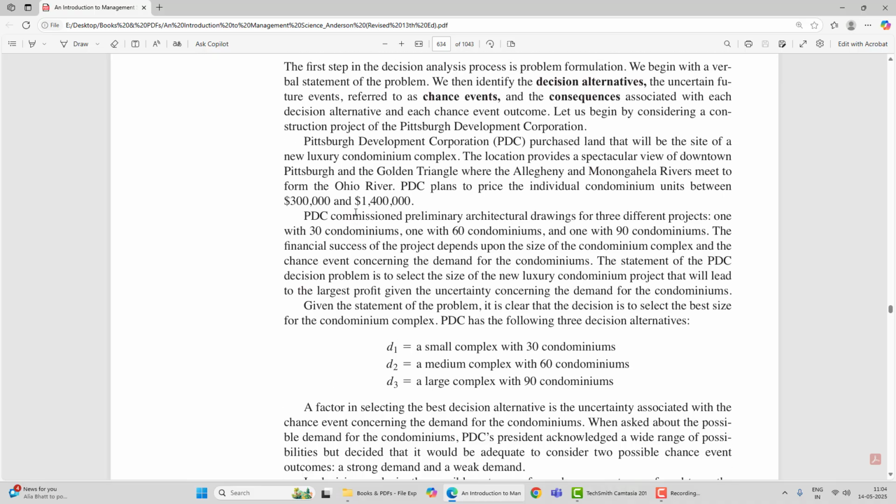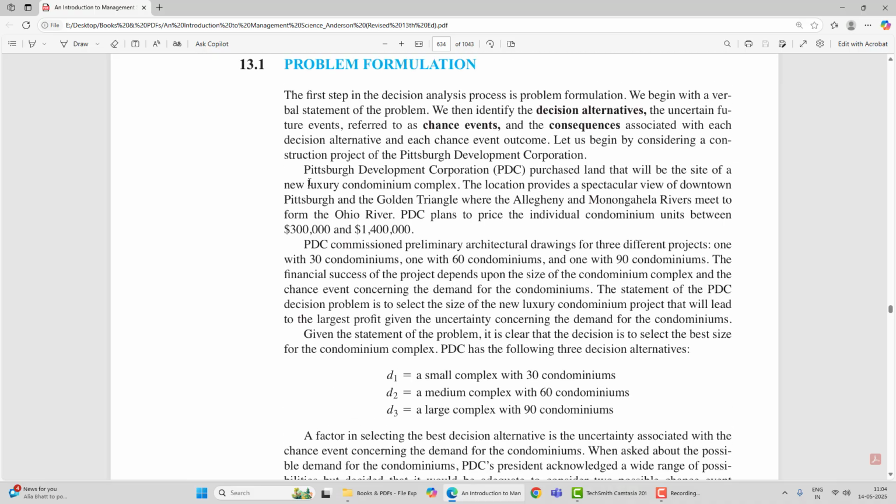The problem goes like this: Pittsburgh Development Corporation (PDC) purchased land that will be the site of a new luxury condominium complex. Basically, they are building row houses of different sizes and selling them.